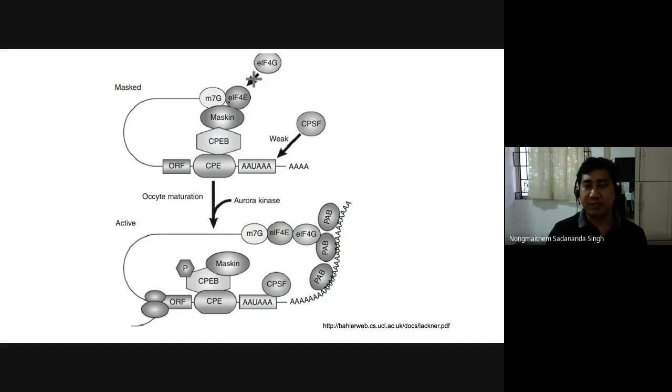So this phosphorylation releases eIF4E to interact with eIF4G, and now the mRNA is circularized and it's ready for translation. Okay, so that's one kind of regulation by masking the formation of the initiation complex.